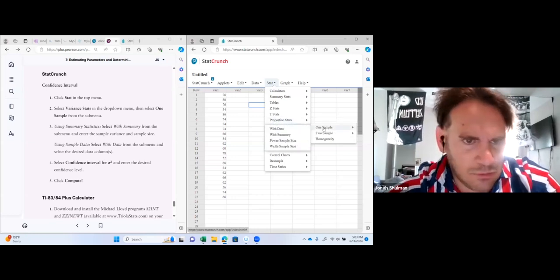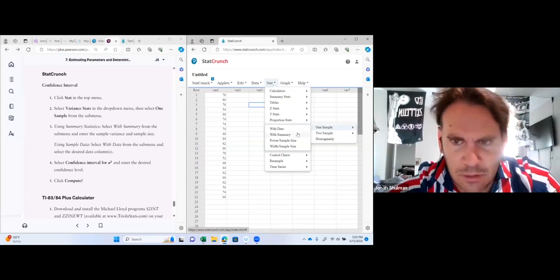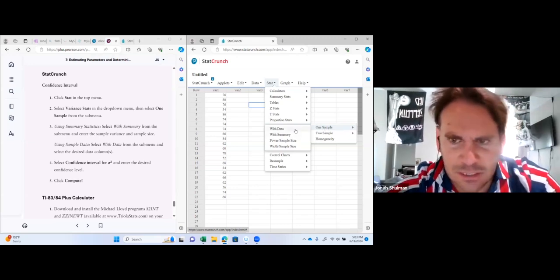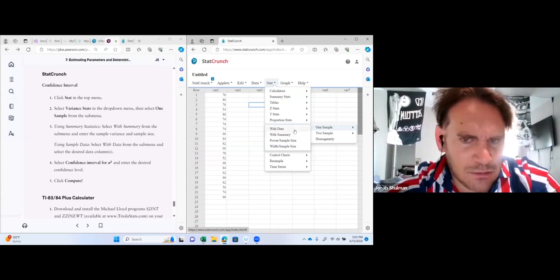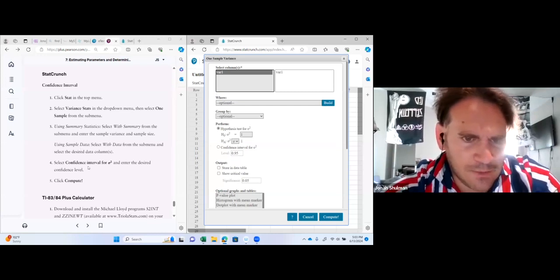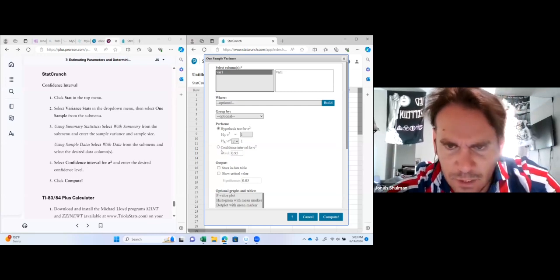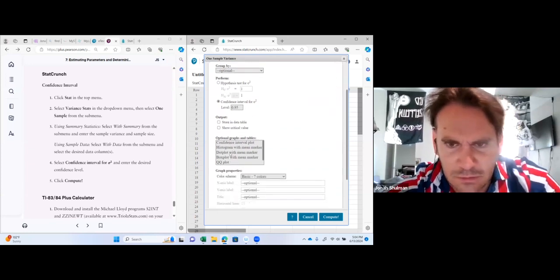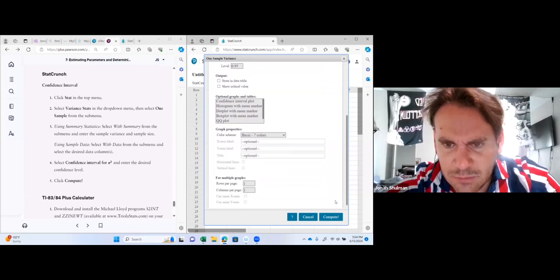One sample. I'm just going to do it with summary, but I have the data. Select confidence interval for it. That's what we have. Enter the desired confidence level. We just have to click compute.